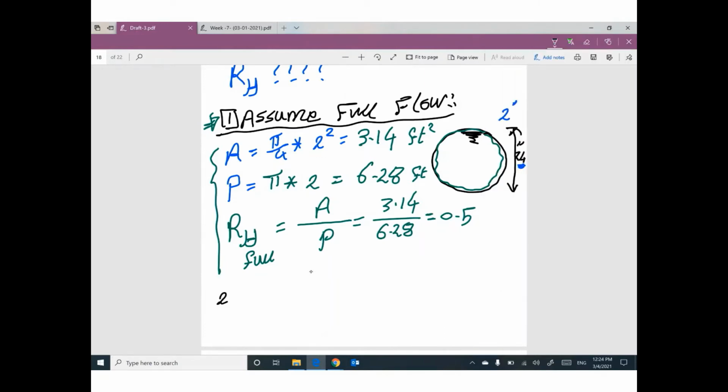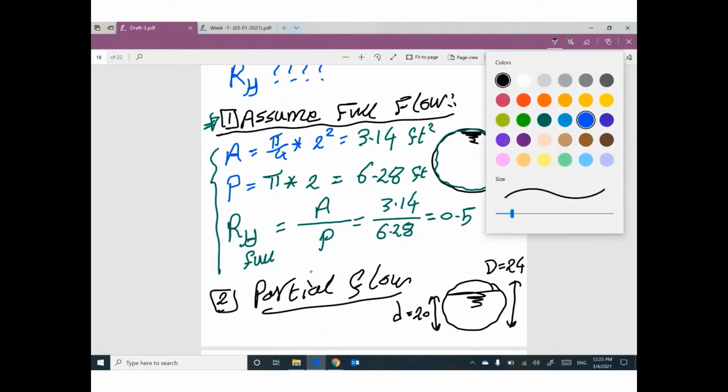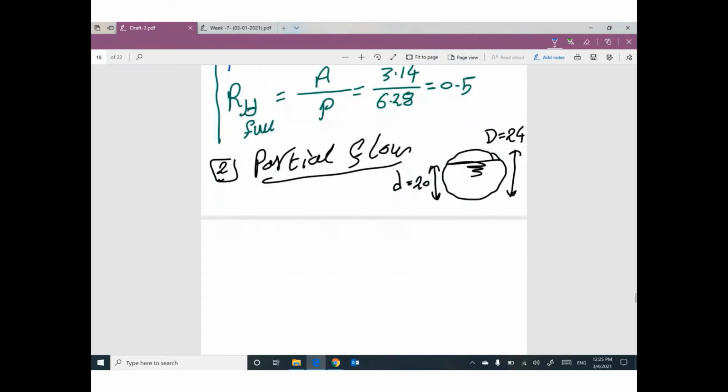Second step. We are not full. We have partial flow. The actual case is like this. We have depth equal to 20, and diameter equal to 24. Can you tell me what is the fraction, depth divided by D? Depth equals 20, diameter equals 24.